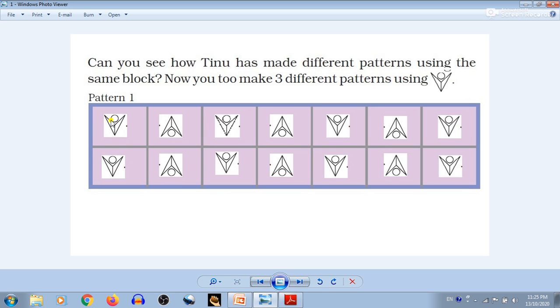How? You see here in the first column blocks are downward, then blocks are upward, then downward, then upward, then downward, then upward. It means it is repeating after a gap of one column. So this kind of pattern is a repeating pattern.